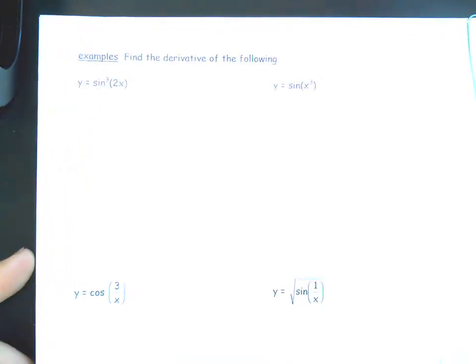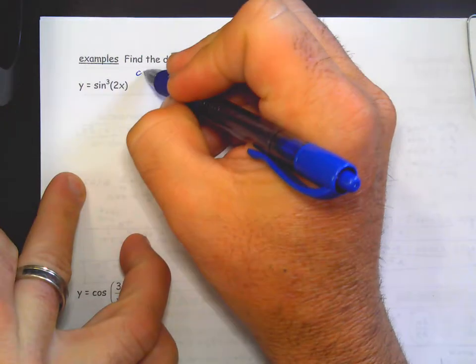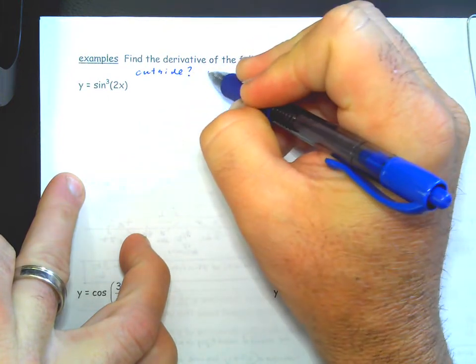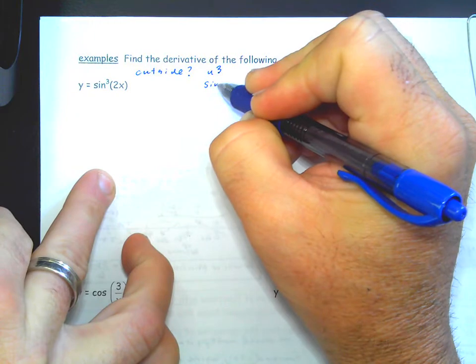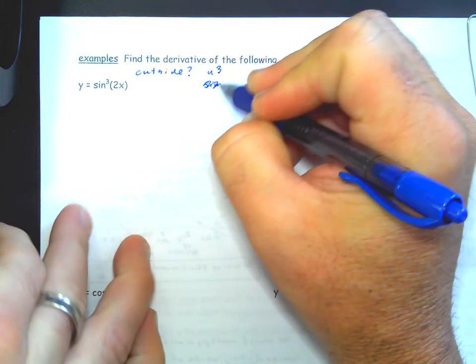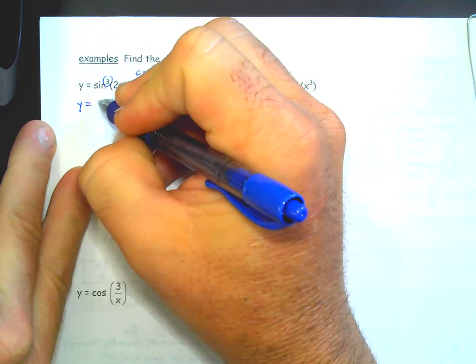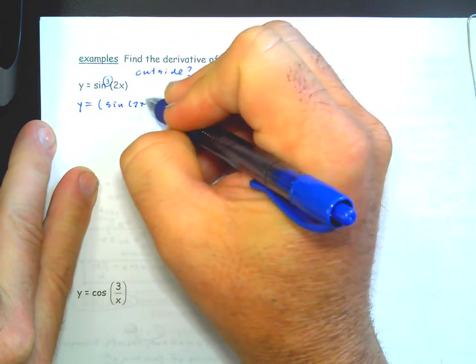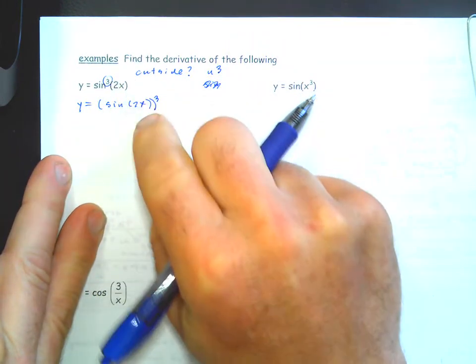Now, one of the questions you're going to have to ask yourself is, what is the outside function? Is it the cubed? So in this case, it's the cubed, and I would rewrite this because I find these potentially confusing, and they mess me up and mess my students up a lot. These mean the same thing.